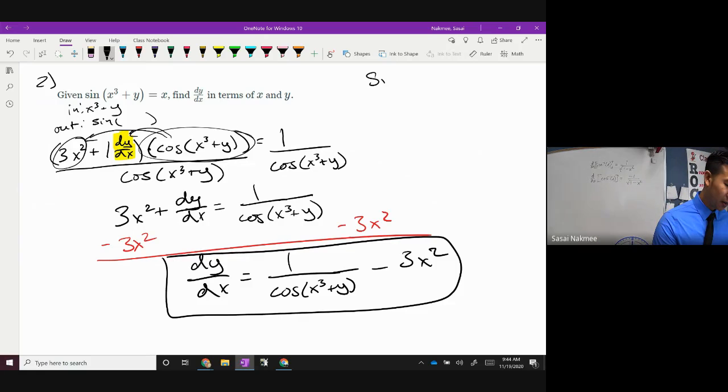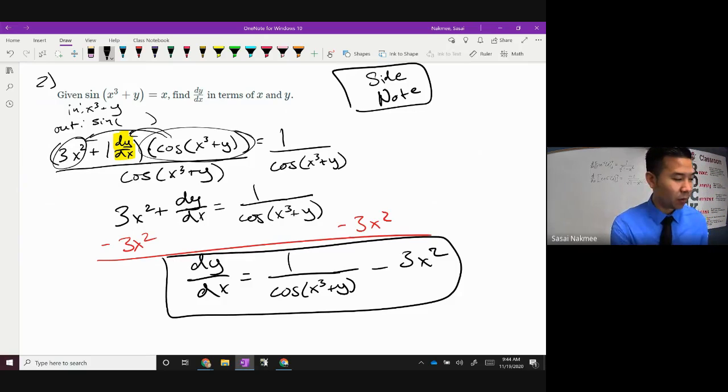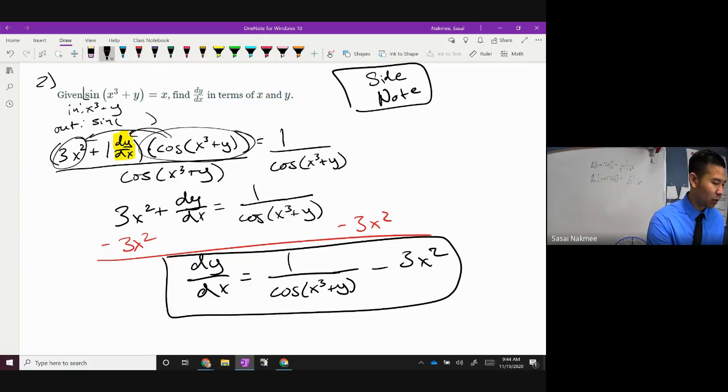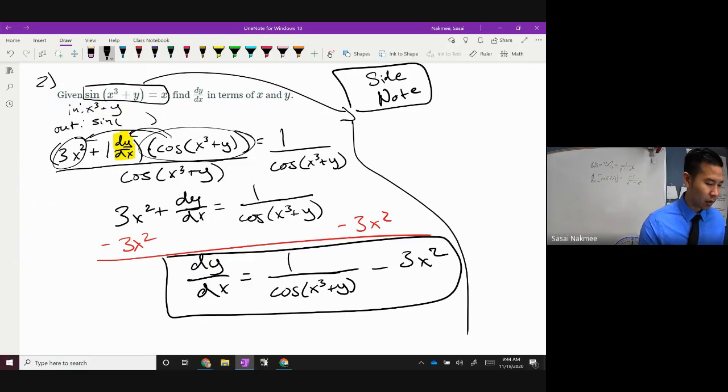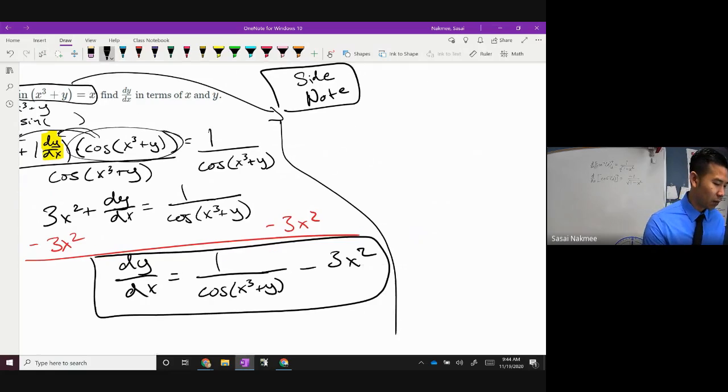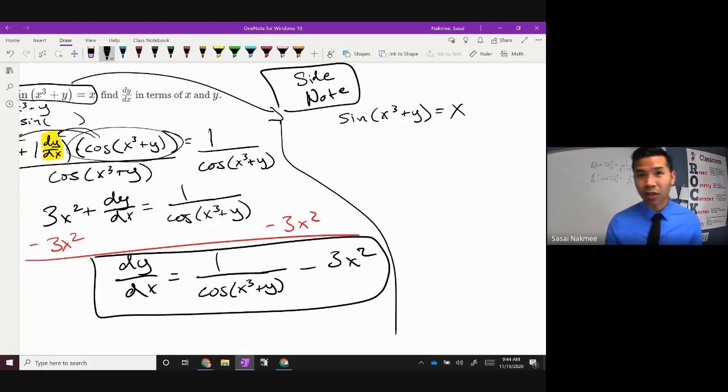Side note, don't write this part down unless you really want to. You could solve for y algebraically before you even do anything, before you even take the derivative. So let's take a look here. I'm saying that for sine of x cubed plus y is equal to x, you could solve for y. Because I told you, with these equations, you can get rid of trig functions by doing their inverses.